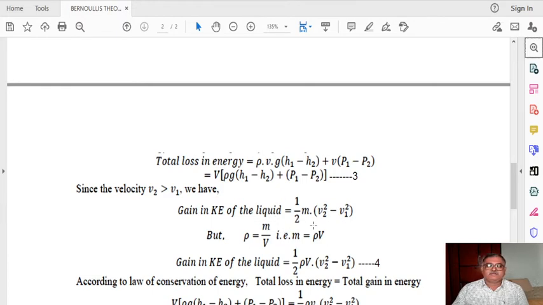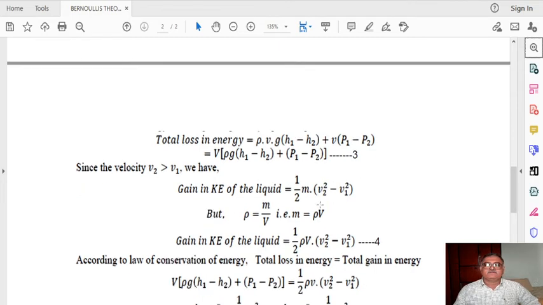For deriving the gain in kinetic energy, we know the kinetic energy is one half m v squared. Here, one half m stays as it is, and v squared becomes v2 squared minus v1 squared.